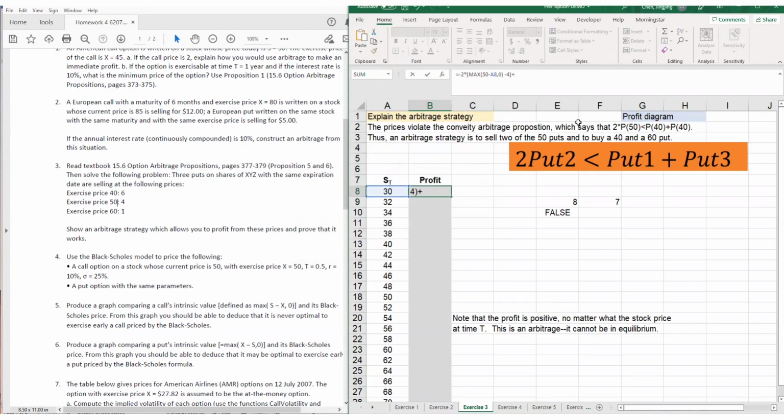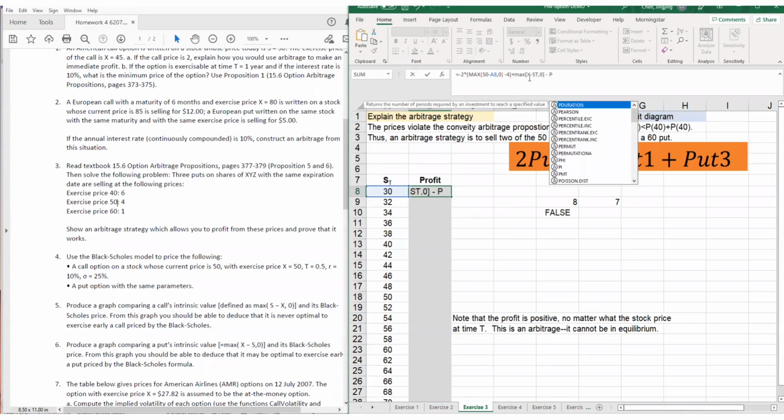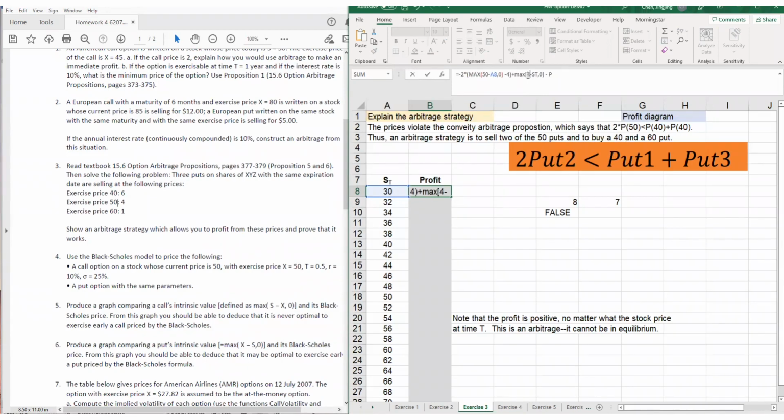And plus, since we want to know the profit of the strategy, you're going to be plus buying the 40 put. The price for the 40 put will be 6.